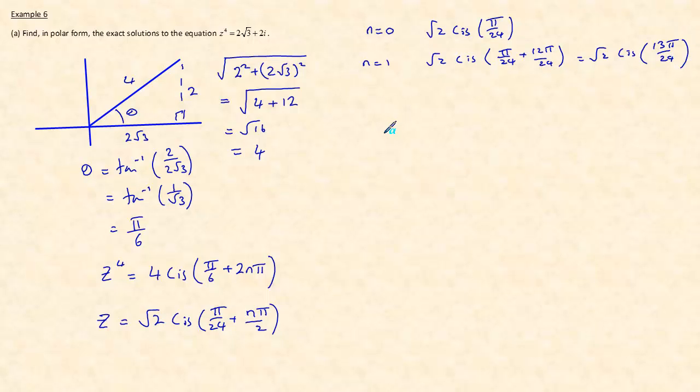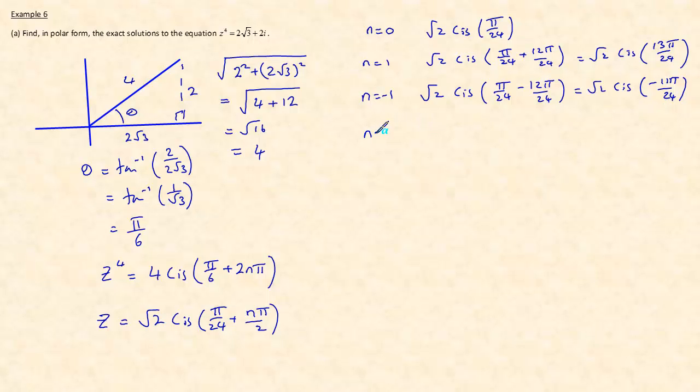Now if we go to n equals 2, that's going to put us outside of our principal argument range, so let's try n equals negative 1. So that will be root 2 cis pi by 24, take away 12 pi by 24. So that's root 2 cis negative 11 pi by 24.